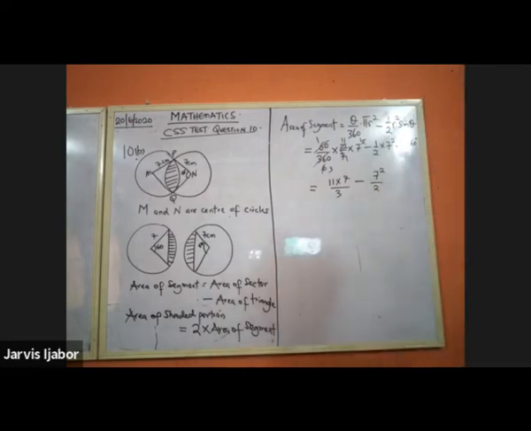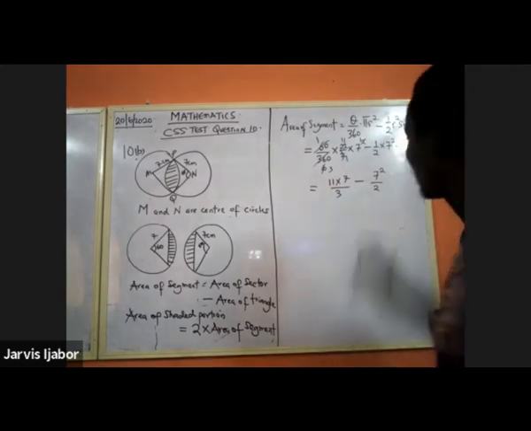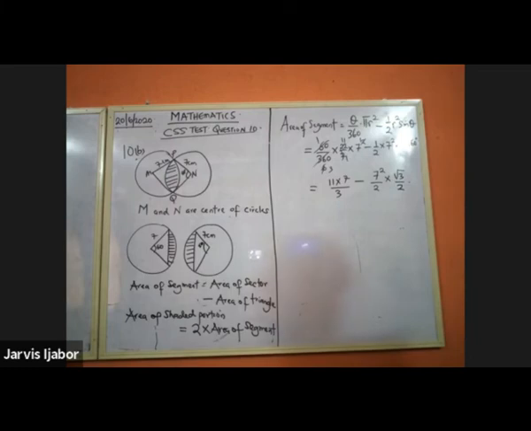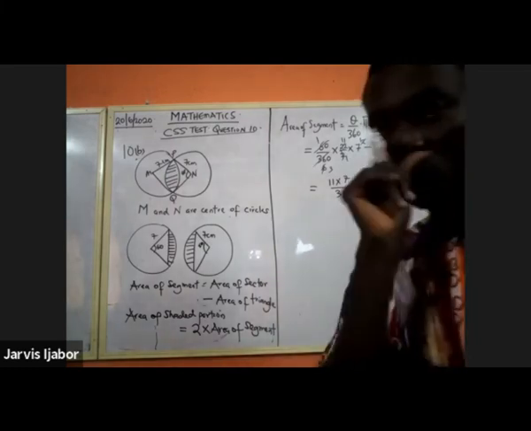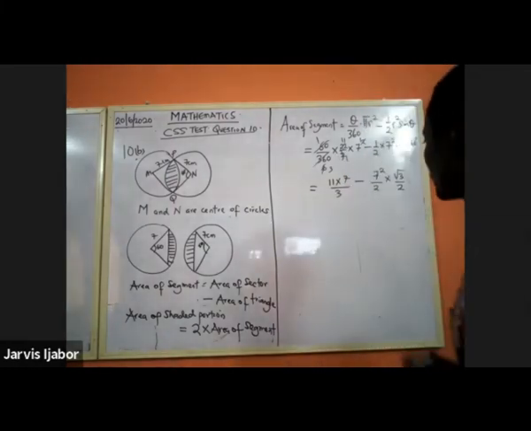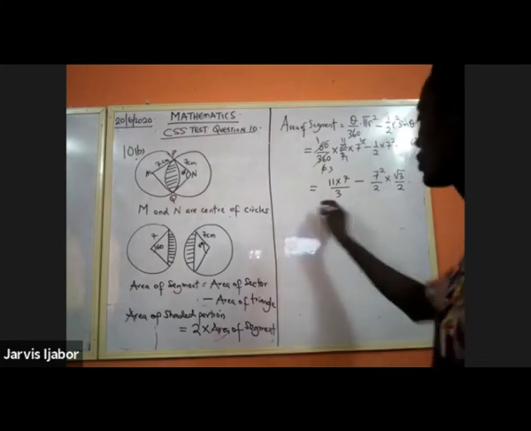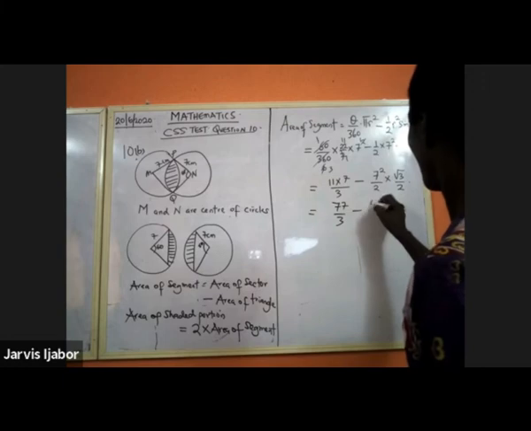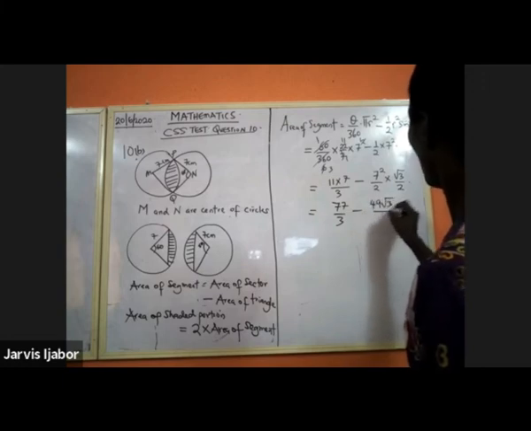What is sine 60 degrees? It is root 3 over 2. So this will now be equal to 77 over 3 minus 49 root 3 over 4.